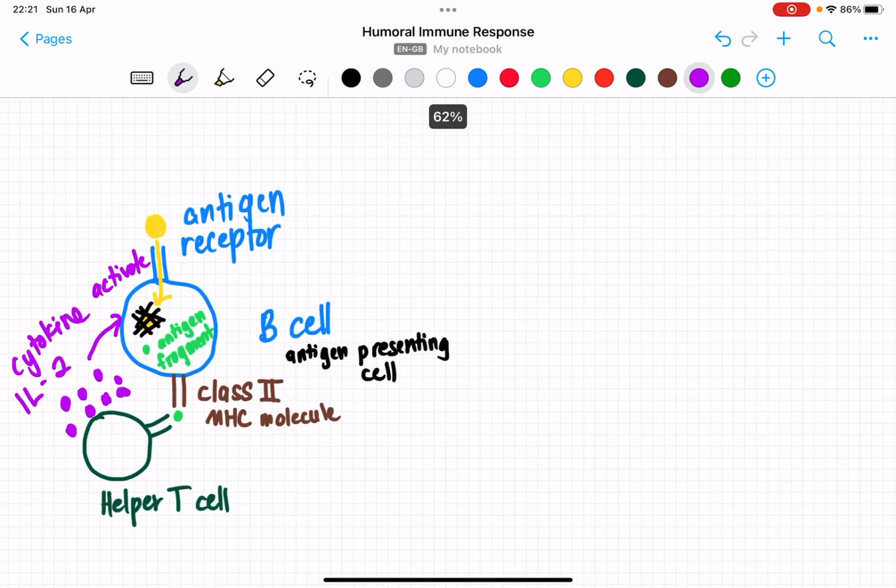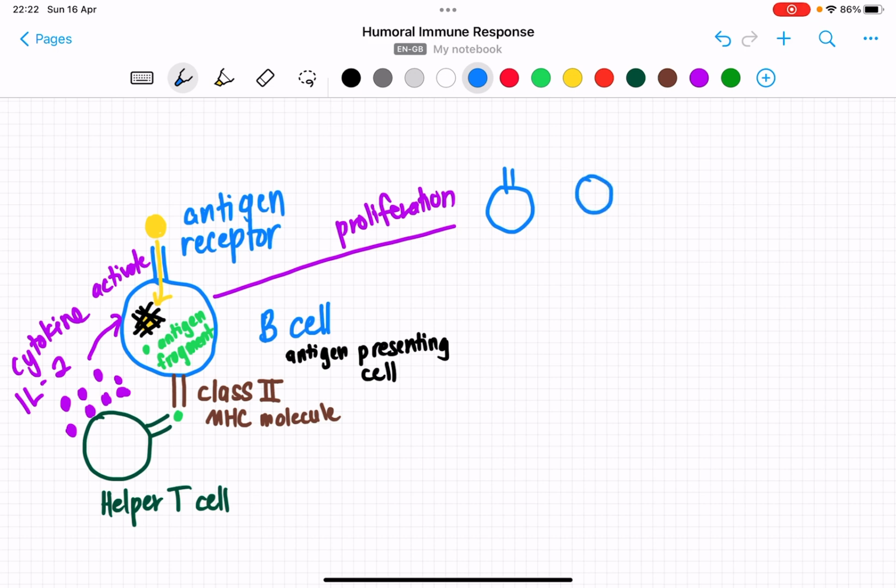What happened to the B cell? The B cell will undergo proliferation again to increase in number. It undergoes multiplication and mitosis to increase in number. So we're going to have a lot of B cells at the site of infection.